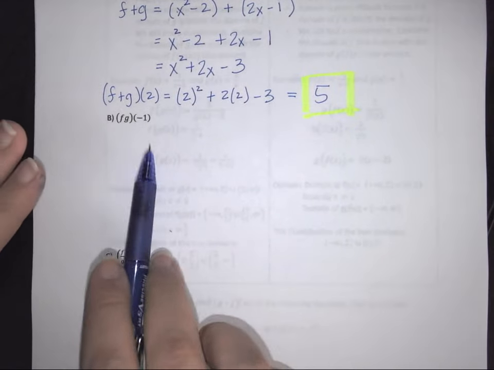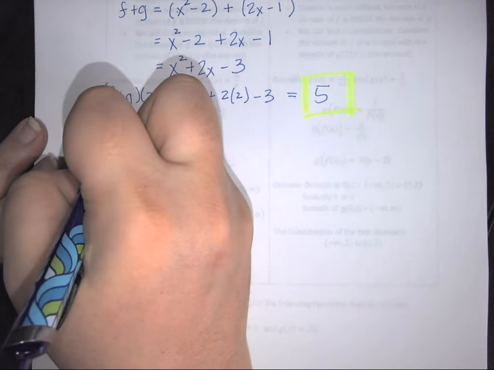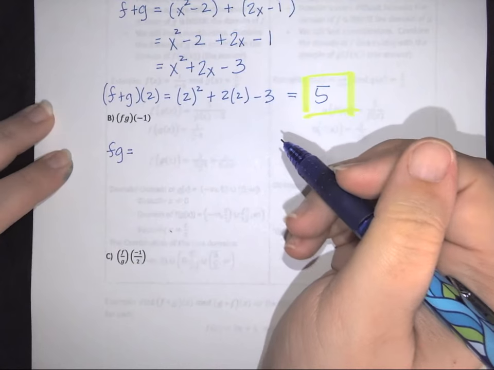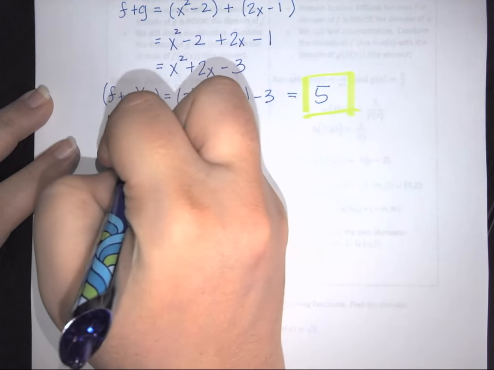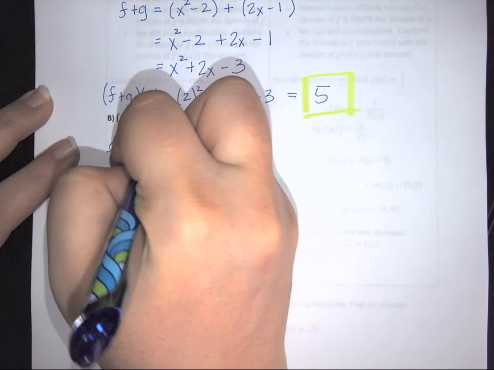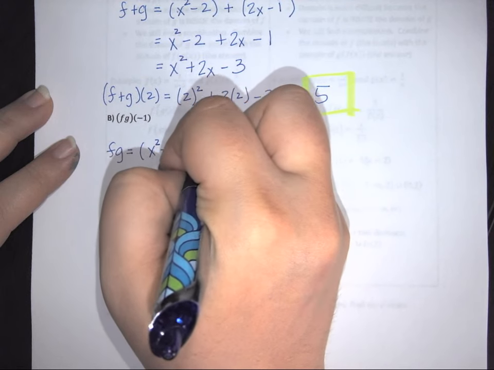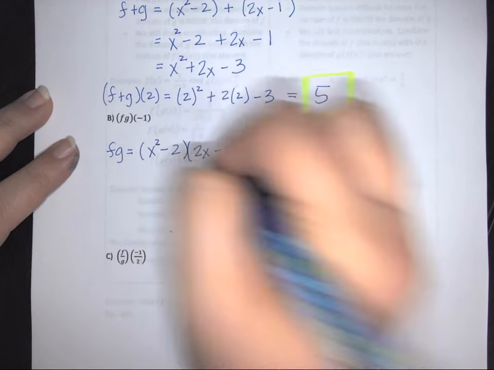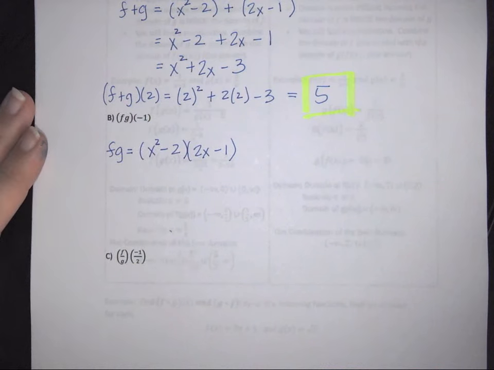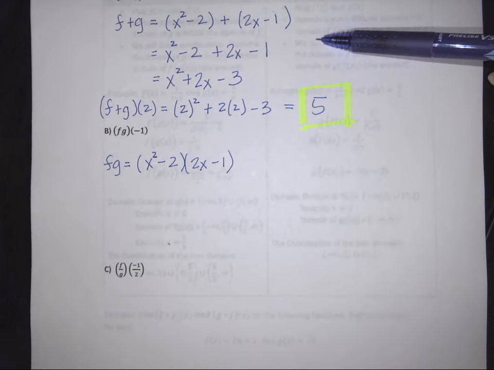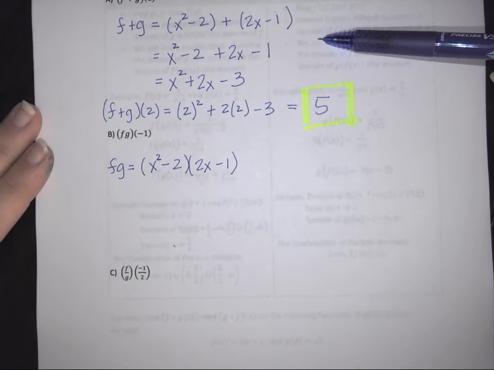Now the next one I have is f times g. So again, I have to do my f times g first, which says I'm going to take x squared minus 2 and multiply that by 2x minus 1. Now, when we did f plus g, the first way says combine everything and then evaluate.